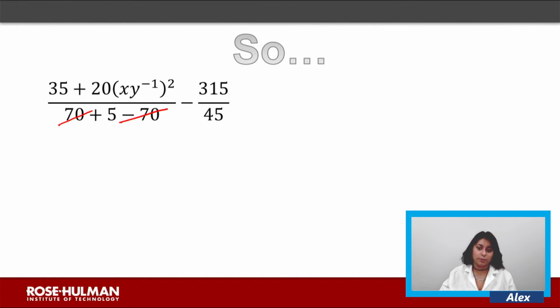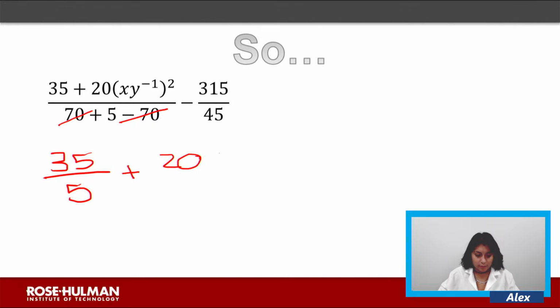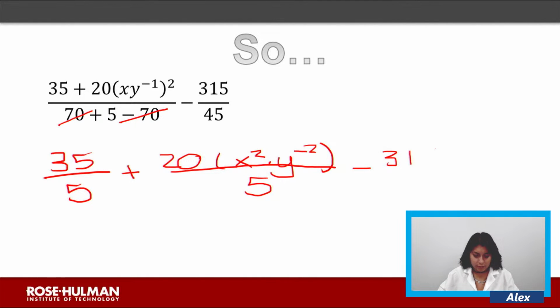So if we're looking at the multiplication and division, one of the easiest ways to do this is to go ahead and split up this fraction and make it 35 over 5 plus 20 times x squared times y to the negative 2 over 5 minus 315 over 45.